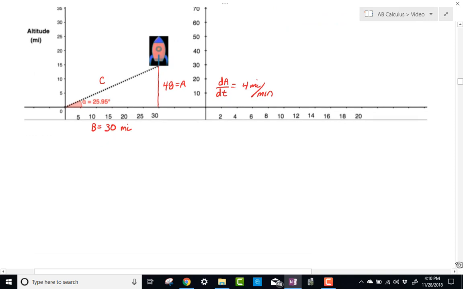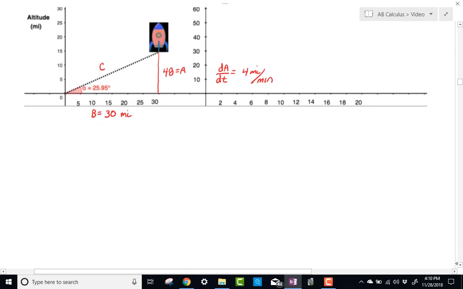So there's our picture and our setup. What do we need to do with this? We're not going to use the Pythagorean theorem this time, because it doesn't talk about angles. This angle in the corner is labeled alpha, so I'll leave it as alpha. Again, B is not changing.